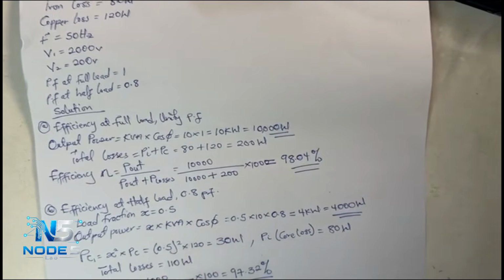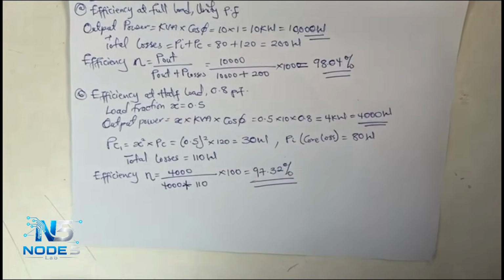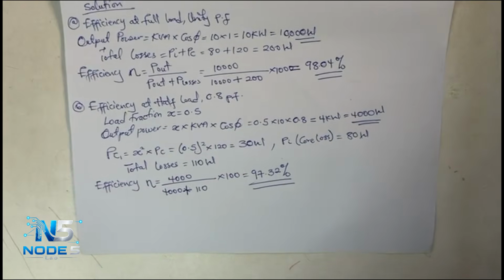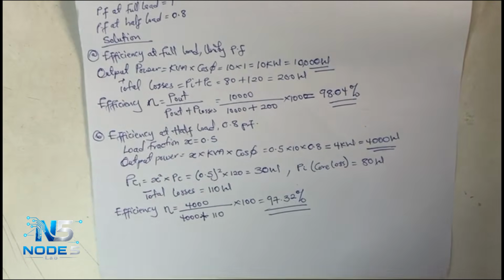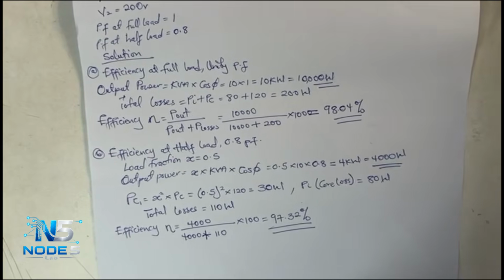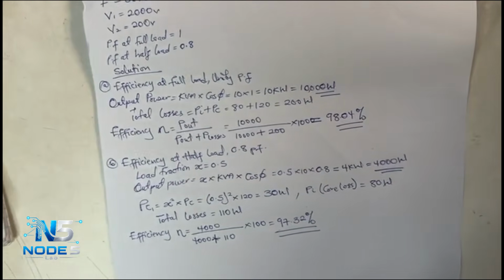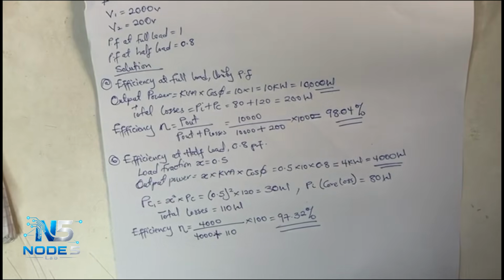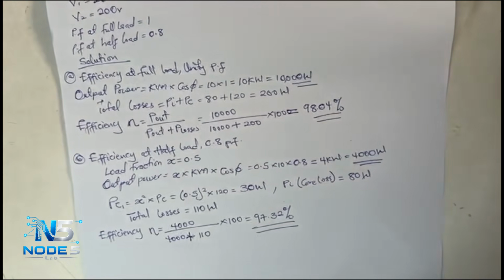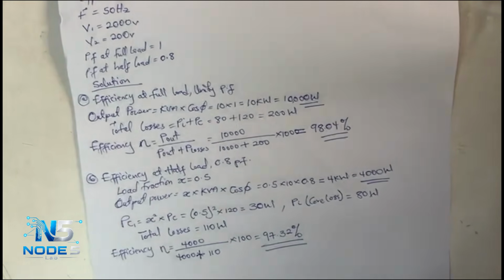Let's go to the B. What the B is trying to tell us is to calculate the efficiency when the transformer is on half load, and the power factor is 0.8. When you hear that the transformer is on half load, you have to have it in mind that there is a load fraction.